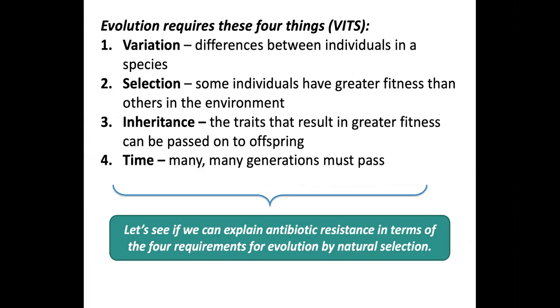So the other day in notes, you would have seen what evolution requires. And there are 4 things that evolution requires. VISTA minus the I. So it requires variation, okay? It requires selection, inheritance, and time.